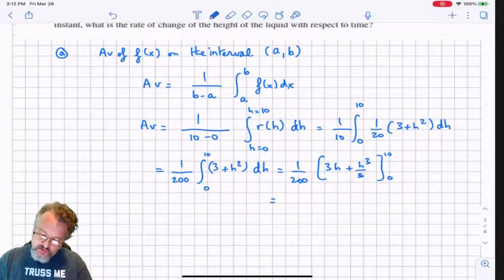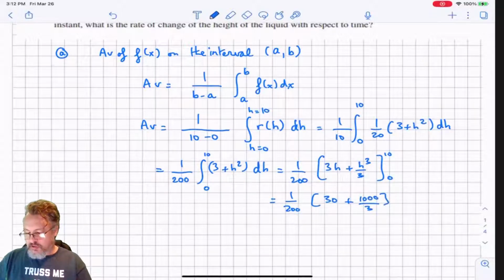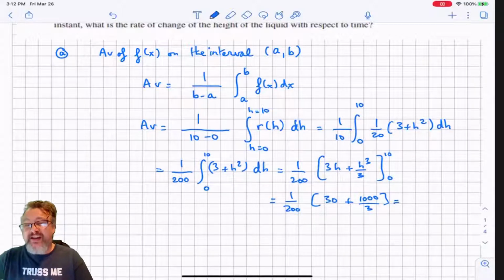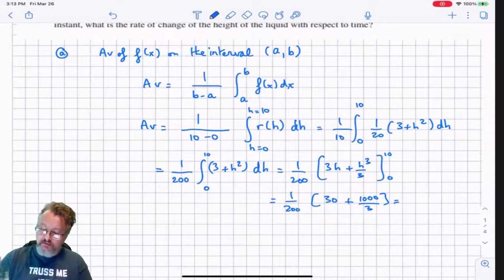And so it's going to be 1/200 times (30 plus 1000 over 3). Again, it's a non-calculator problem, so you just have to do it by hand, simplify the fraction by hand yourself, and take your time.